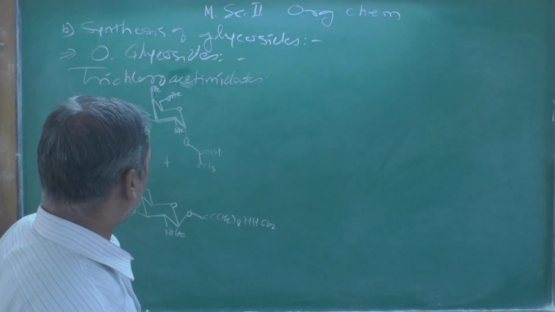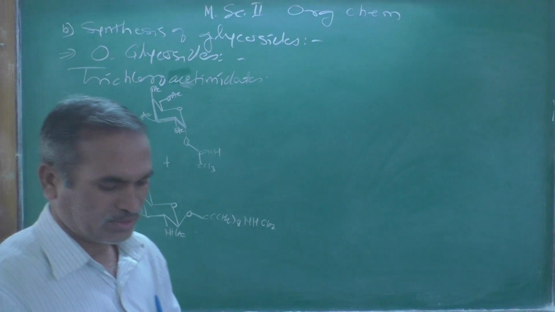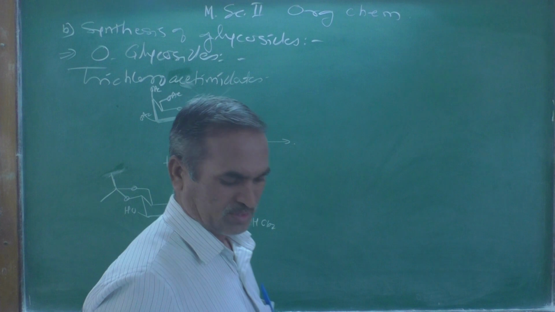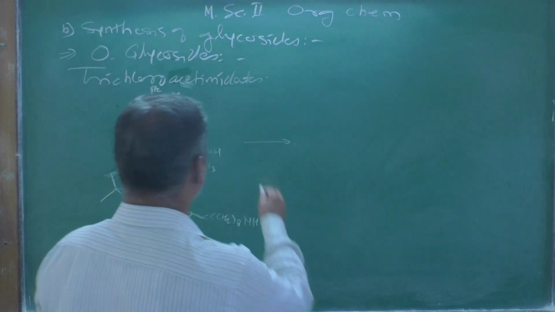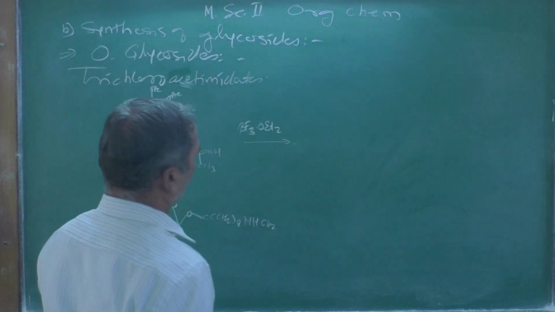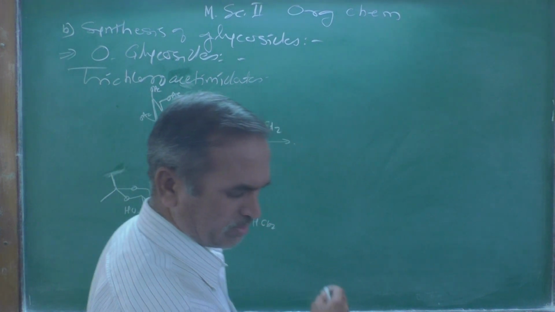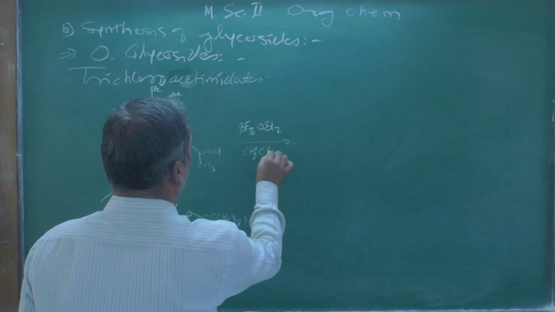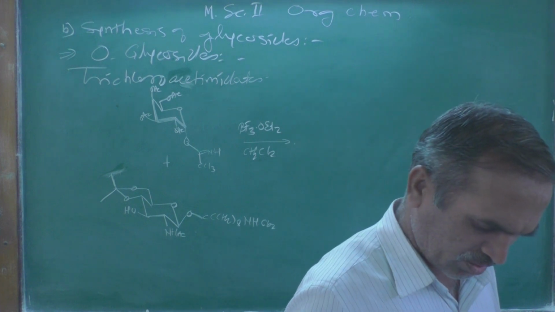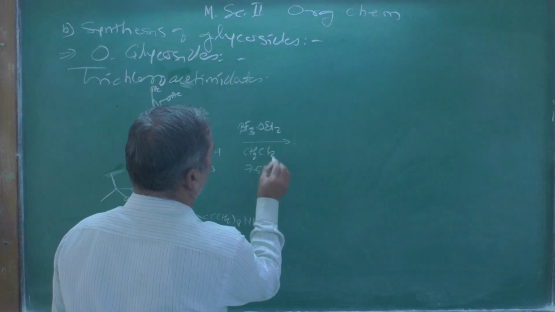When this compound and this compound, you observe carefully, get reacted together in the presence of BF3, as we know BF3·OEt2, that is boron trifluoride etherate, in the presence of dichloromethane CH2Cl2, and the temperature is kept at room temperature, and a 76% yield is obtained.